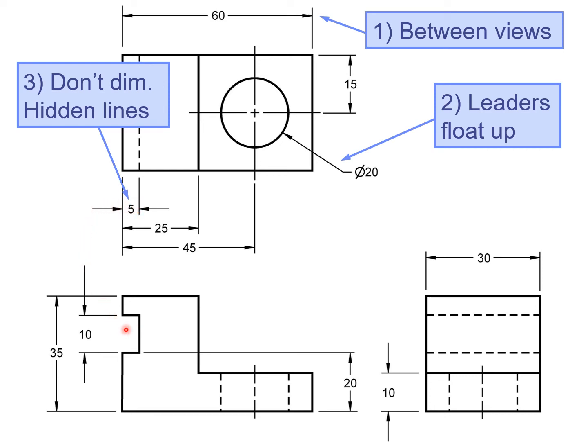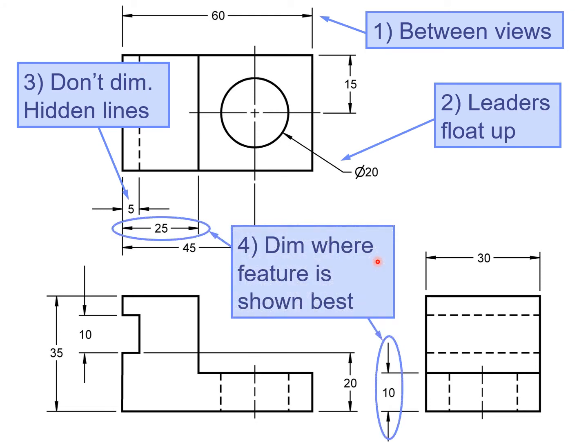It's dimensioning the depth of the slot. So this hidden line lines up with the slot. So we're going to bring this 5 down here. Yes, it's going to be lonely. It's not going to be part of the group, but it just looks cleaner, dimensioning the feature that we can physically see as an object line versus a hidden line that we cannot see unless we turn on our X-ray vision. Okay, let's take a look at the next mistake.